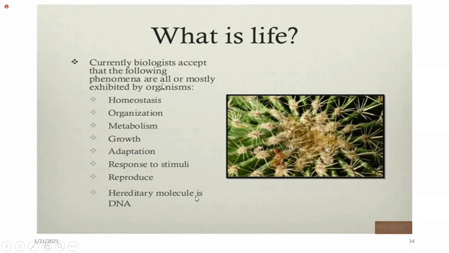All these phenomena have to be exhibited by the organism. These include homeostasis, organization, metabolism, growth, adaptation, response to stimuli, reproduction, and the hereditary molecule, which is an important one, that is DNA. So this is the basis of life.